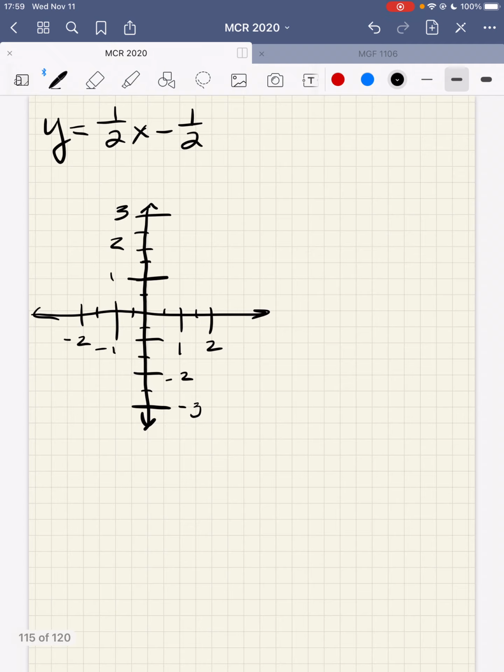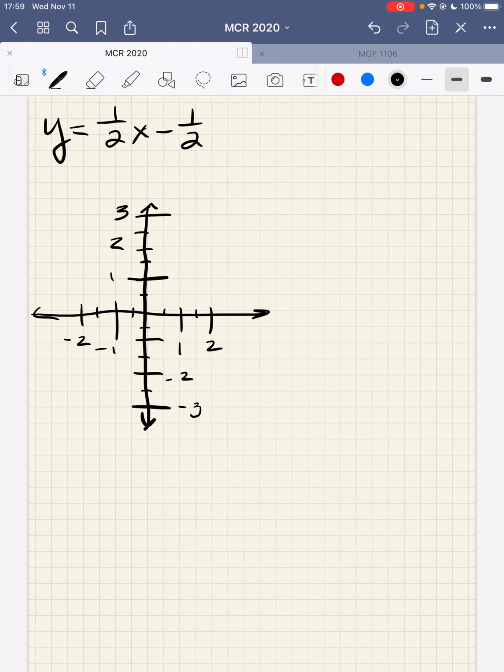All right, so here I have y is equal to 1/2 x minus 1/2. And as much as we hate fractions, this is not actually too bad. The best idea is to scale your graph accordingly.